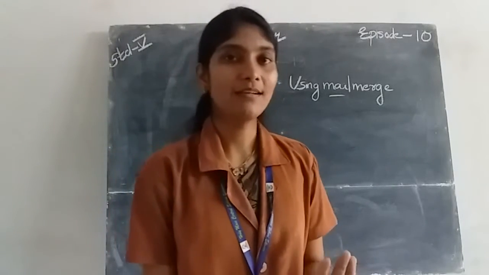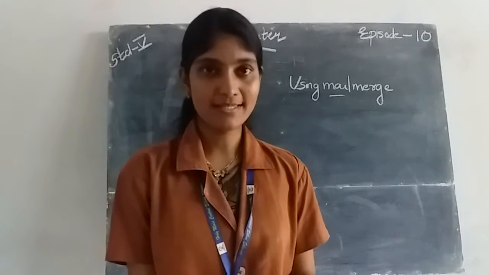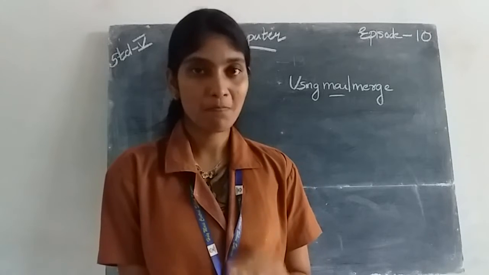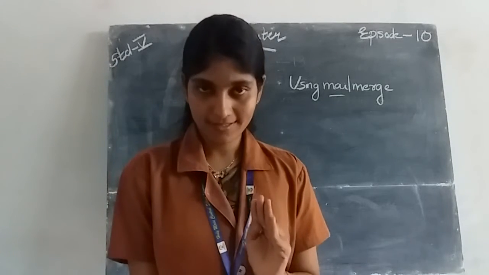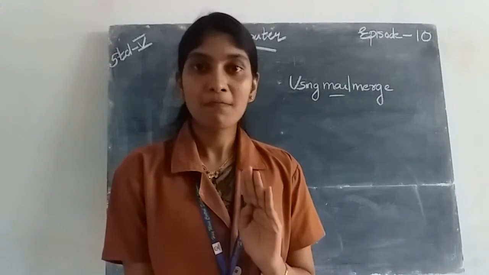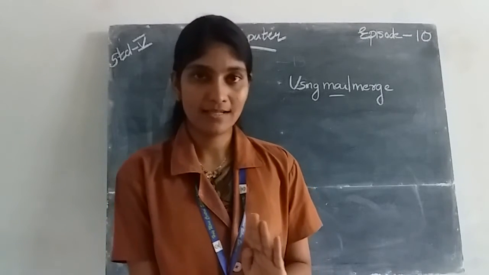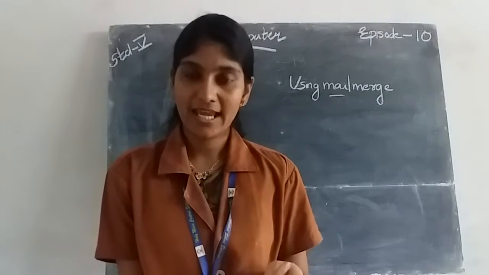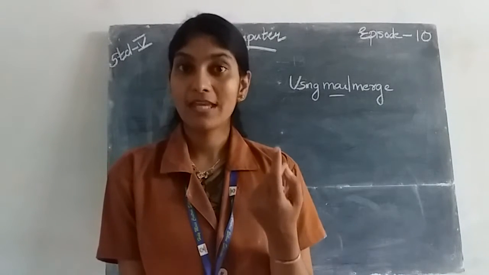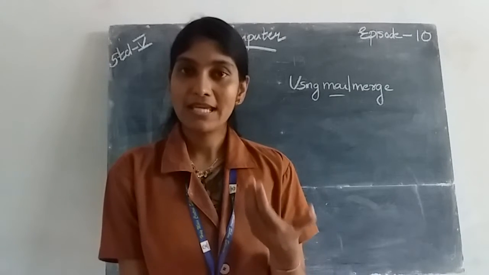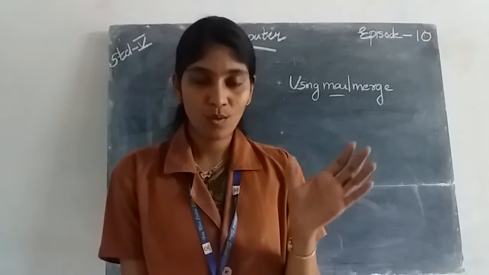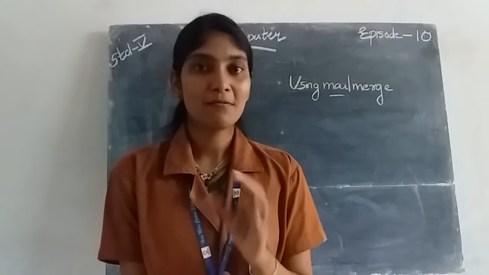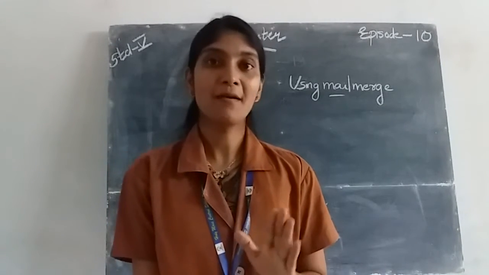So first, to merge the mails, go to the mailing tab. Which tab? Mailing tab. Under the mailing tab there are some buttons like envelopes, letters, emails, start mail merge, etc. Among these buttons, click start mail merge.